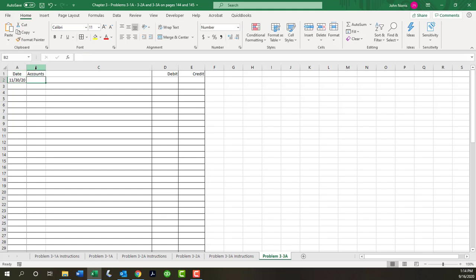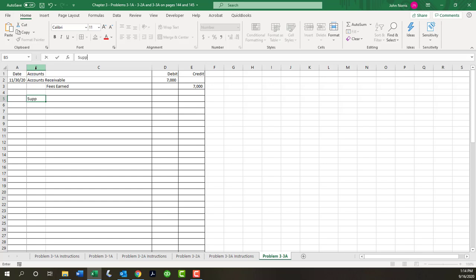So the first one is fees earned but unbilled. So once again, accounts receivable and fees earned. The amount is $7,000. So an accrued revenue. Supplies on hand were $1,300.